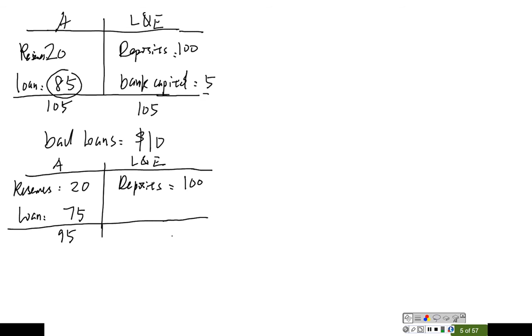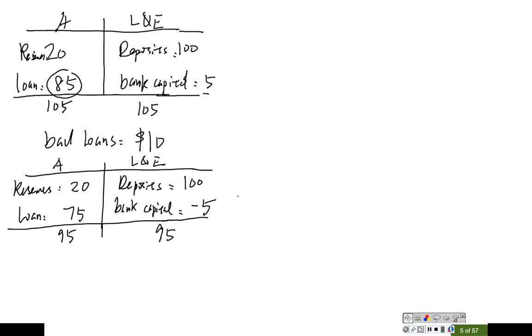So now how can we balance this bank's balance sheet? The value of the liability and equity added up should equal the asset side, $95. In order to do this, the only way is for the bank capital to become negative $5.